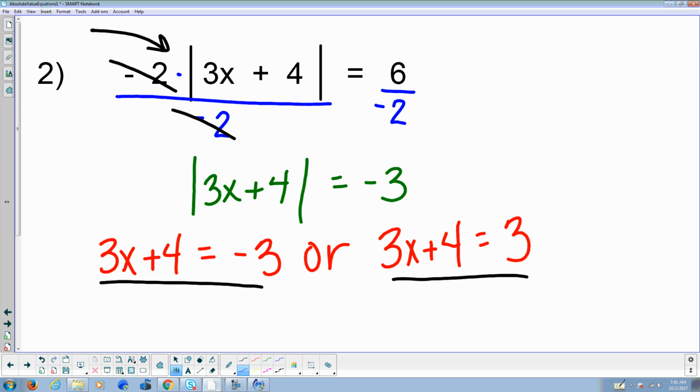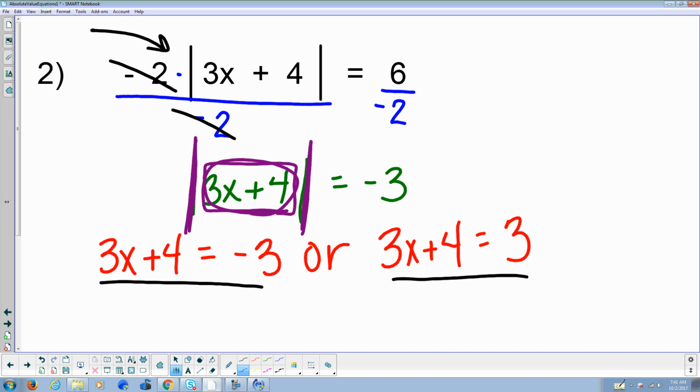When we are finding the absolute value of something, this absolute value is going to take whatever this expression 3x plus 4 is, whether it be positive or negative, and make that answer positive, because absolute value, remember, is measuring a distance, and distances are always positive.